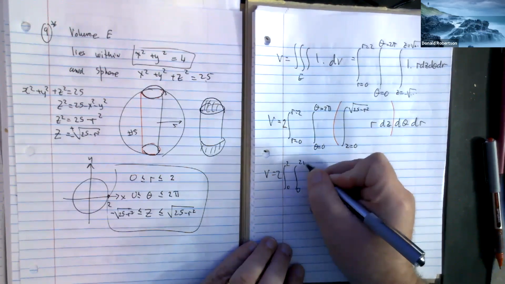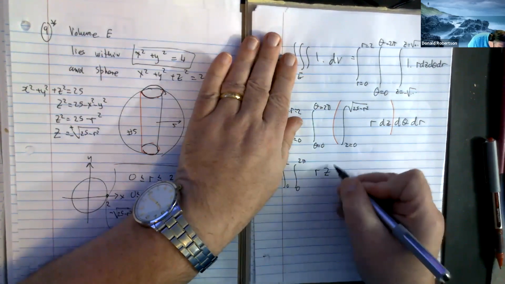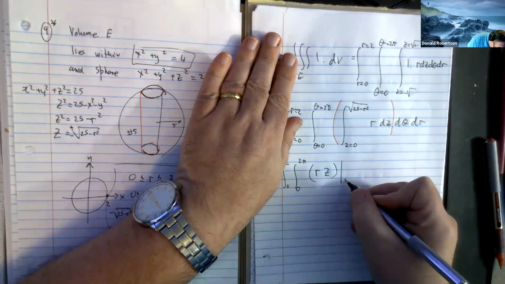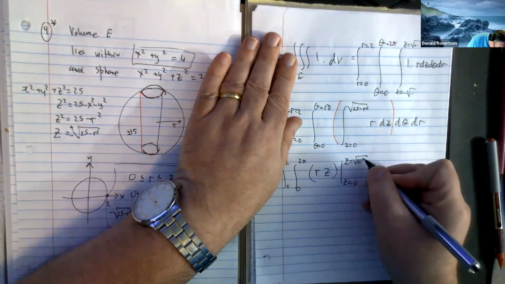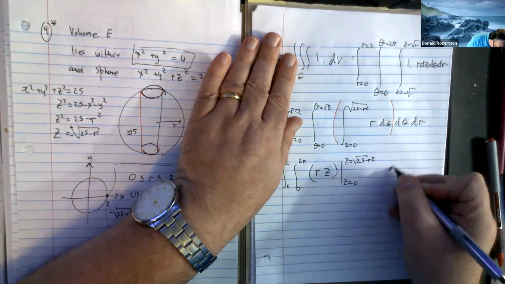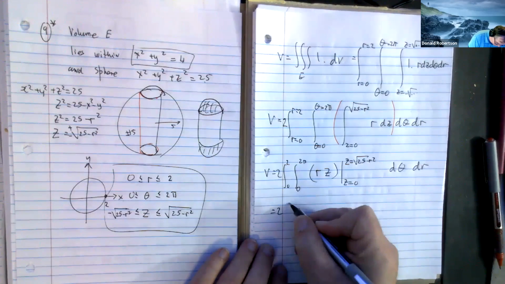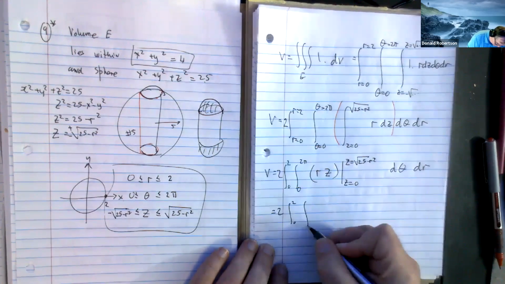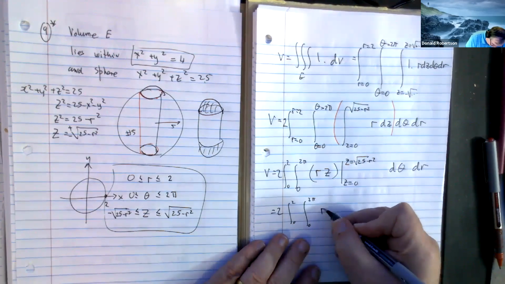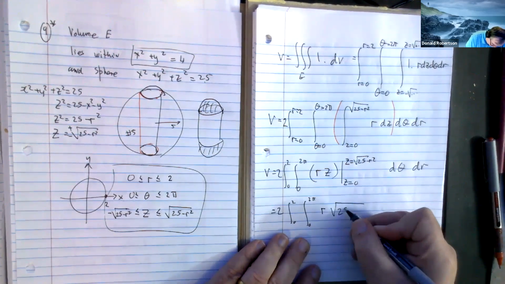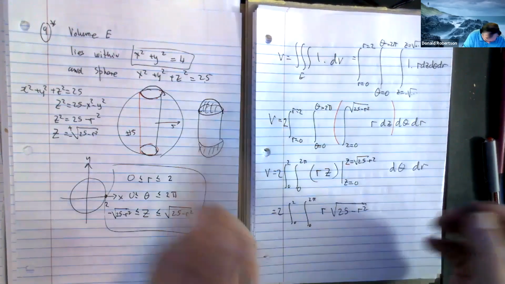Go 0 to 2 pi. Right, that doesn't have a z in it, so you're going to get rz. It's going to be evaluated from z equals 0 to z equals that guy, and then d theta dr. Well, when you plug in z, you now get r times the square root of 25 take away r squared, minus nothing.